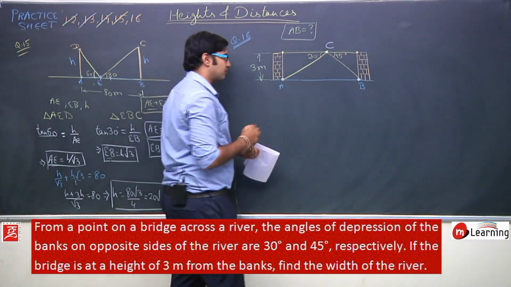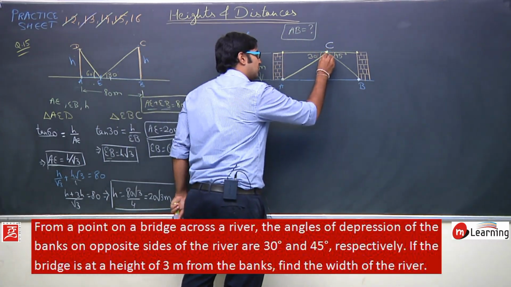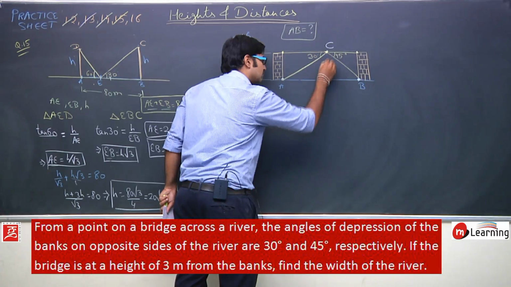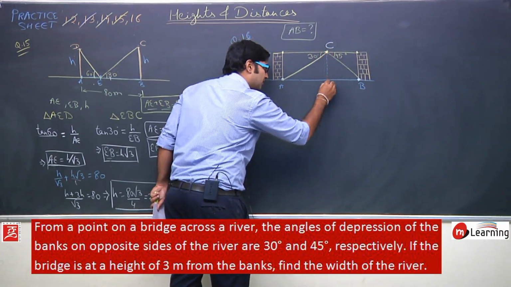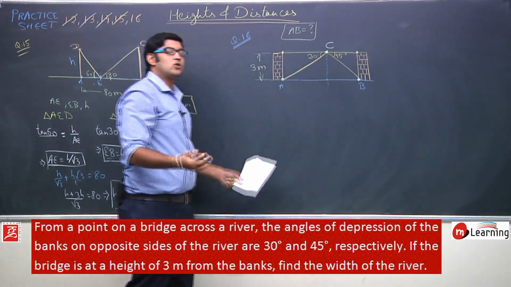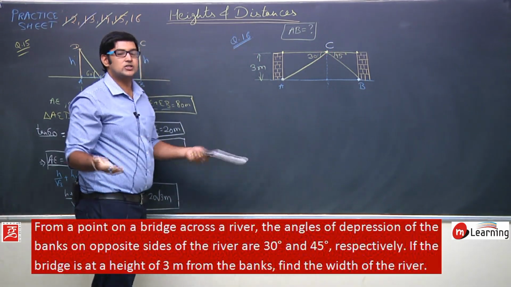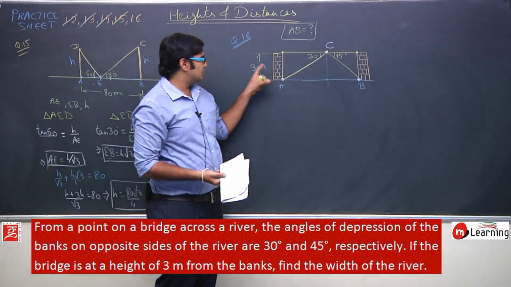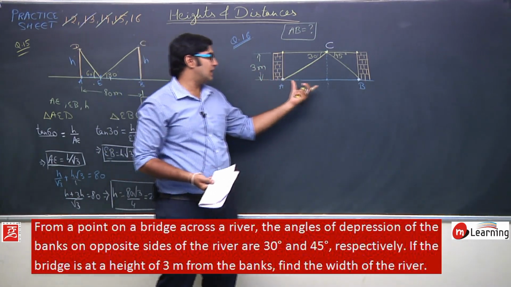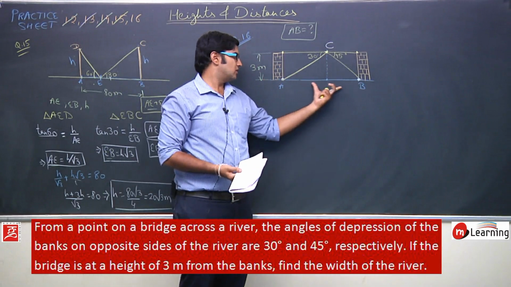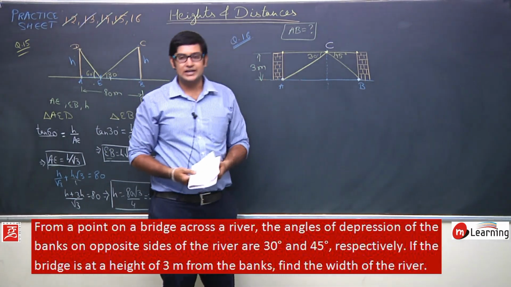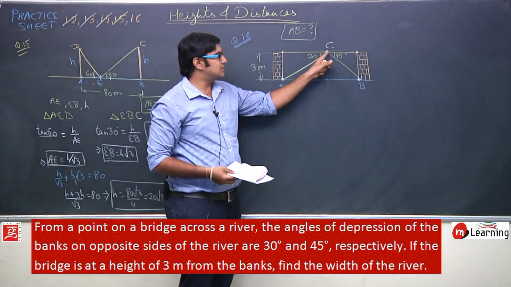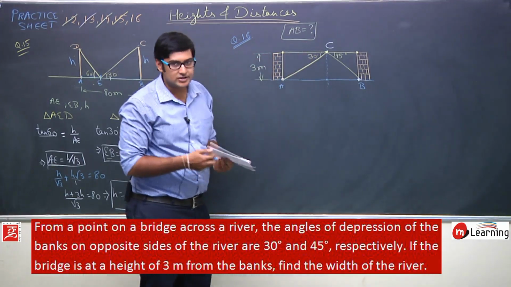Now let us draw a perpendicular from this point C. Try to understand why I am drawing the perpendicular. Even if you do not like to draw the perpendicular, it's your choice, no need to draw. Now, what we have is this height as 3 meters, we have this AB as the width of the river that needs to be identified, and we have this C point, that is the point of observation.